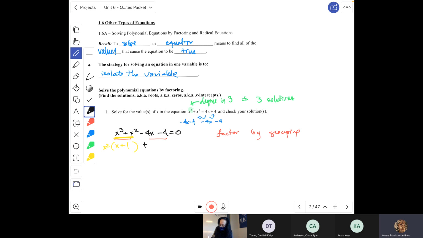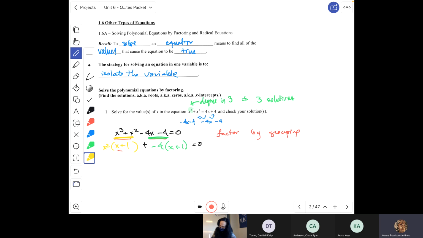Okay, now I'm going to look at the next 2 terms and ask, what is the greatest common factor that I can factor out of each of those two terms, keeping in mind that I want to have an x plus 1 if possible inside the parentheses. So, a negative 4. If I factor a negative 4 out, what am I left with? X plus 1.